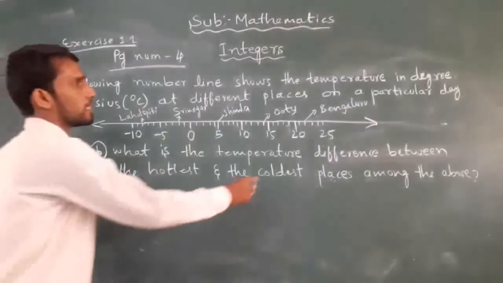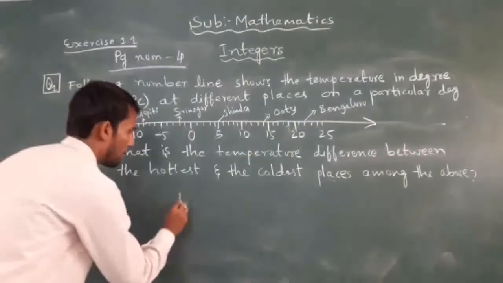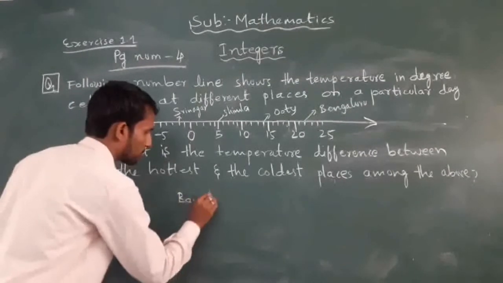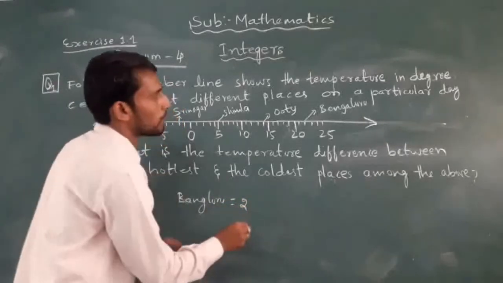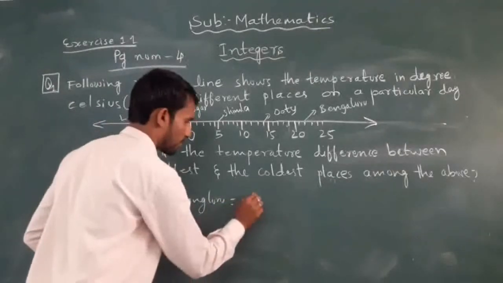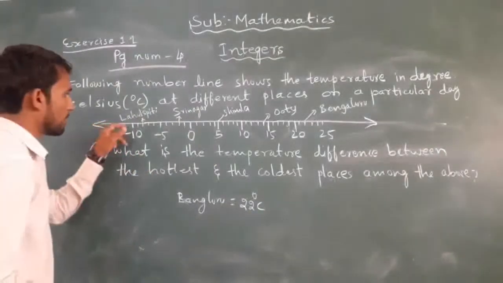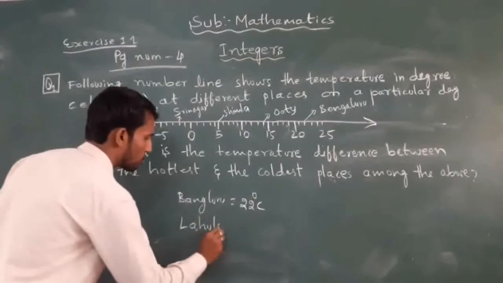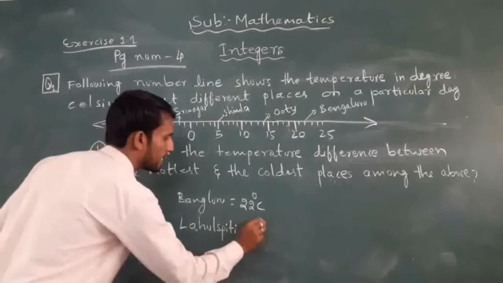This is the very hottest place, that is Bangalore. Temperature is 22 degrees Celsius. And the very coldest place is Lahaul Spiti. Temperature is minus 8 degrees Celsius.